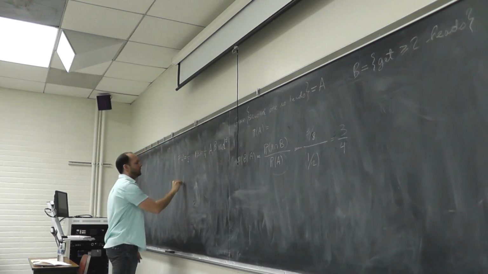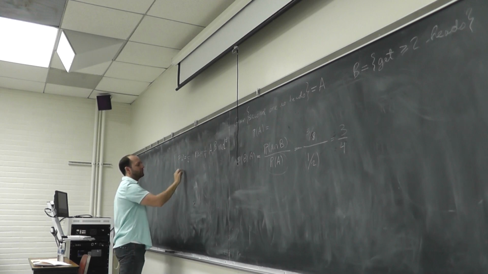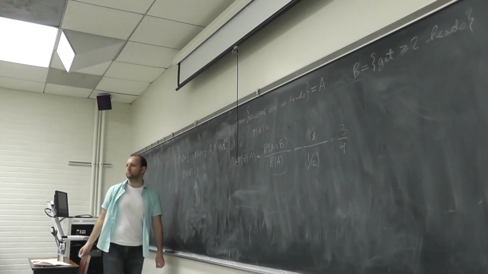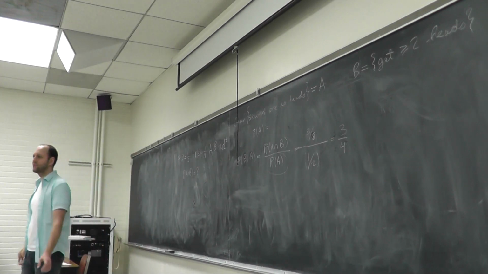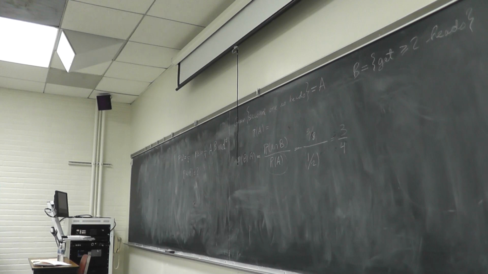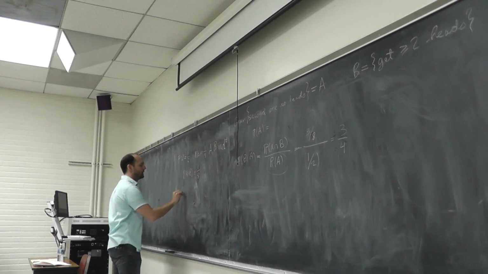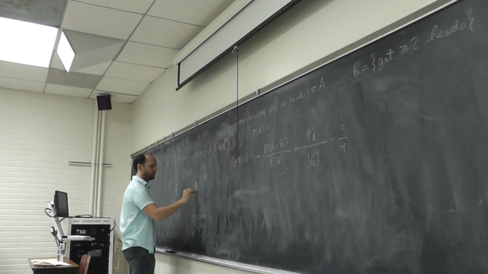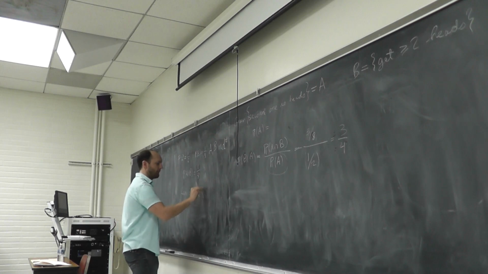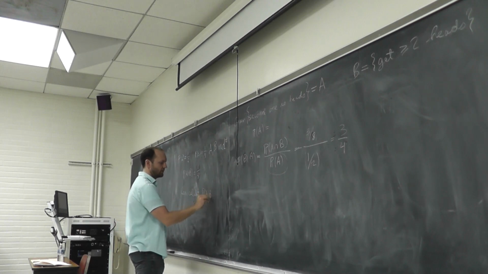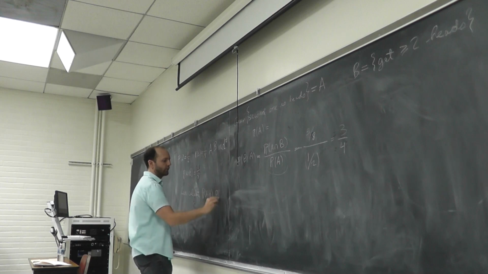Now, first of all, what's the probability of A intersect B? It's pretty simple, just plug in the numbers, right? So it's their product, and that is what? 1/8, right? Okay, so now you can calculate the probability of A given B, and B given A, and so forth, right?